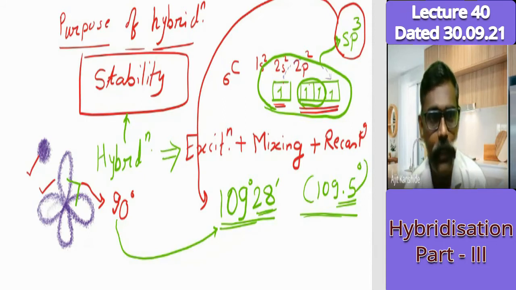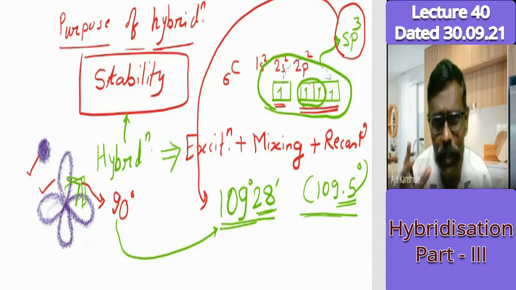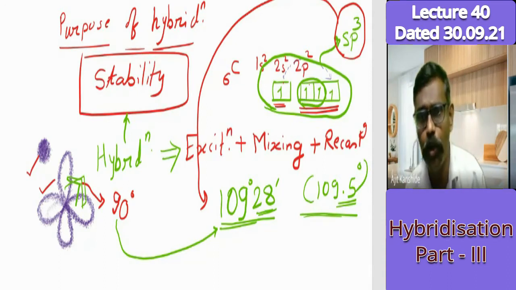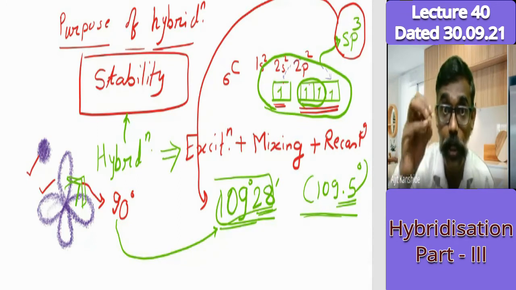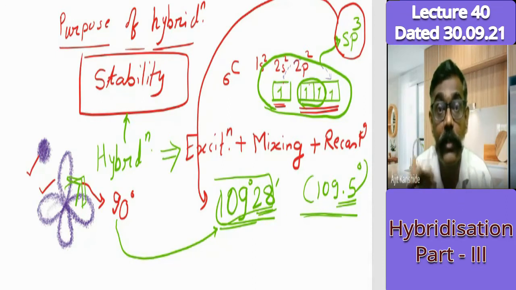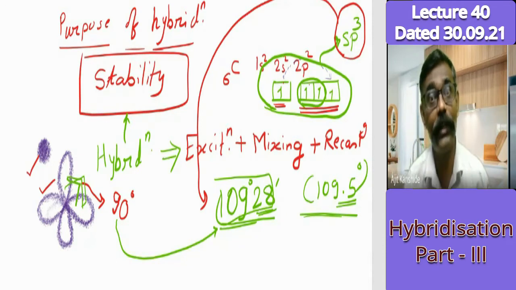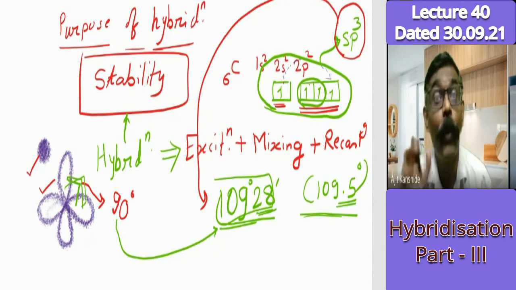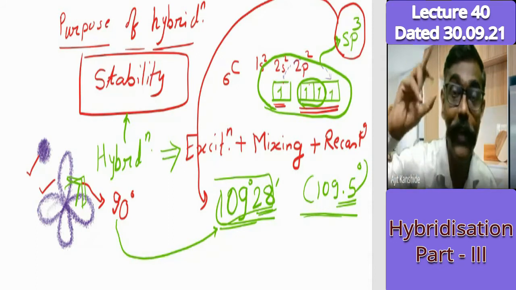Actually, p orbitals are separated by 90 degrees. So they have to change, they have to distort, they have to do some kind of upgradation in order to get that 109 degree 28 minutes. Some energy is needed to have that hybridization, which means somebody has to make an investment. While doing business also, we spend some money at the beginning, we invest money. Why? Because we are sure that money will grow later.